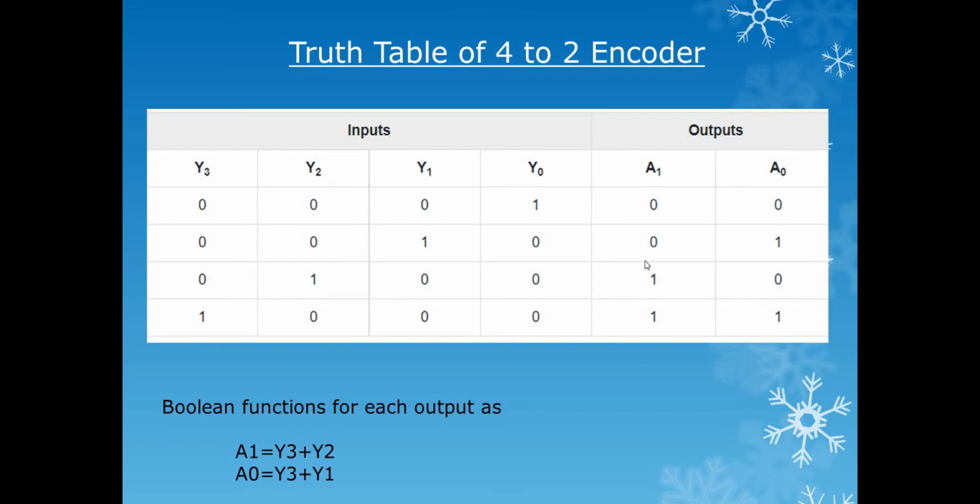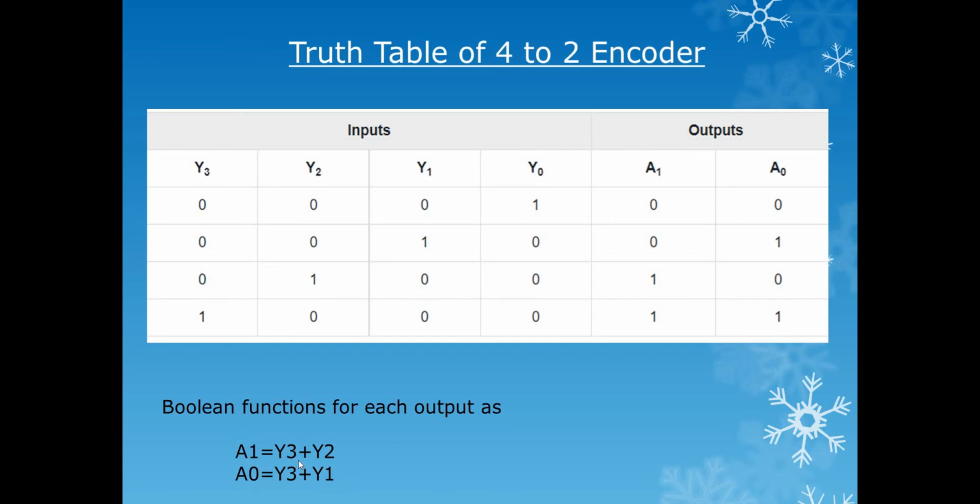Based on the above truth table, we have to write the Boolean expressions. A1 expression will be written like this. Consider this A1 output. A1 will be equal to 1 in the following places, so the corresponding input lines are taken: Y2 and Y3.